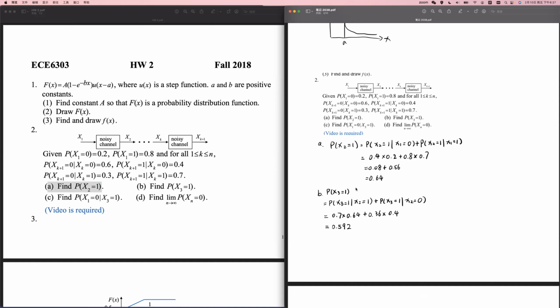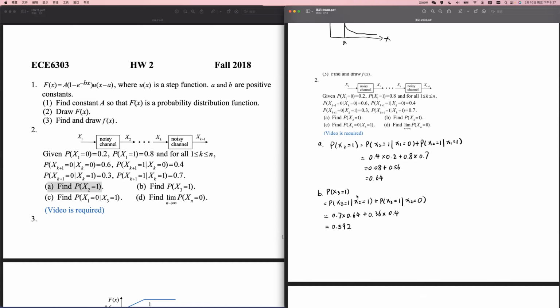I have already gotten the probability that x2 equals 1, which is 0.64, so I can use it here and also use the given formula here, which is 0.7 when xk equals 1. Here xk equals 2 and k plus 1 is 3. And for this part, as I know, 0.64 is the probability of x2 equals 1.